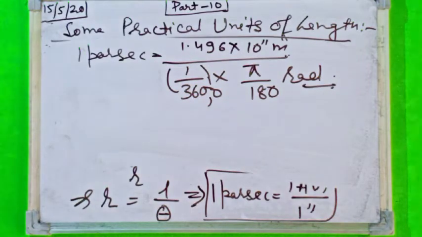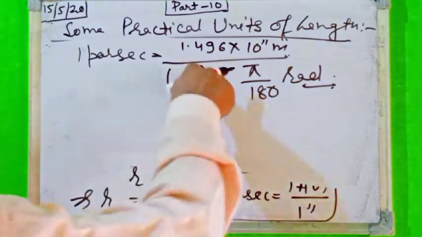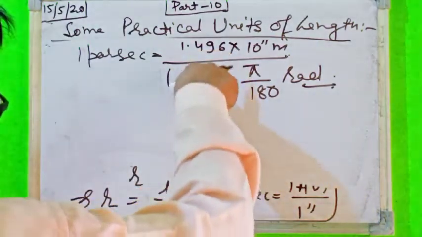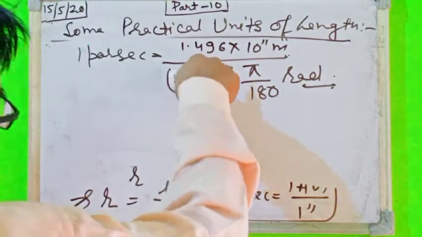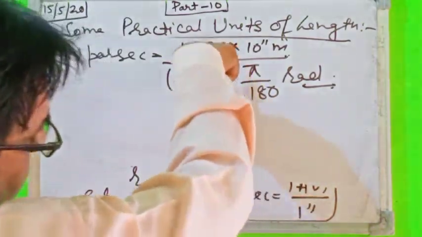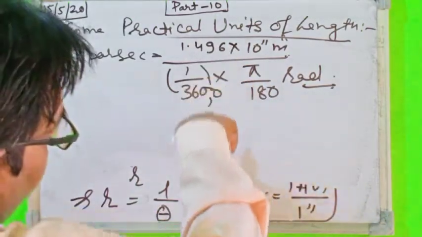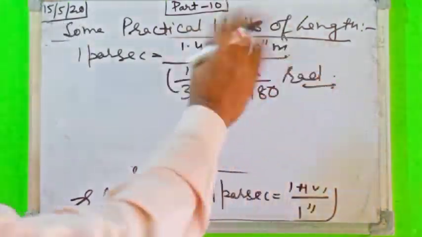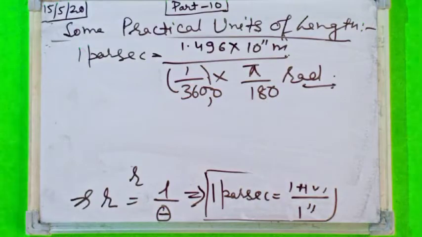1 degree has 60 minutes and 1 minute is equal to 60 seconds. So to convert 1 second into degree, 1 upon 3600, and then we have converted into radian.